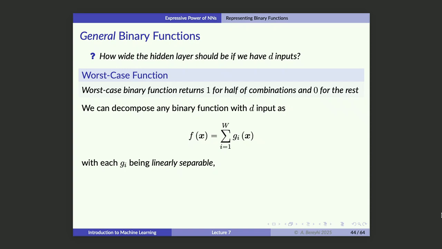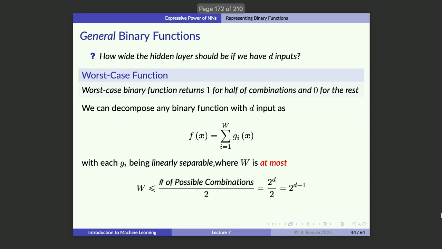Half of them are 1, half of them are 0, right? And for every single one of those ones, I have one of those terms g_i. How many of those terms g_i do I have? 2 to power d divided by 2, half of the cases, right? Which is 2 to power d minus 1, right?